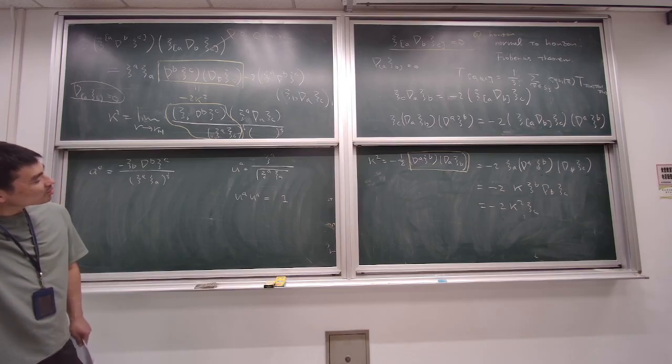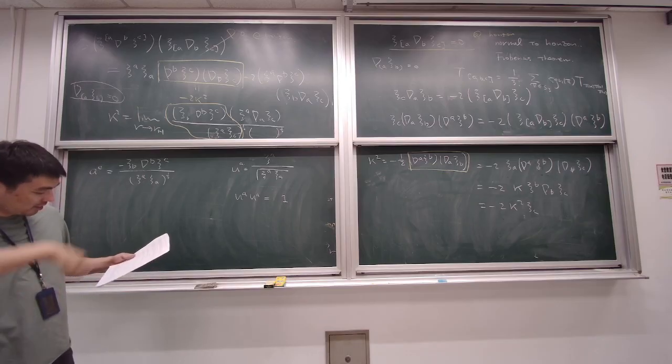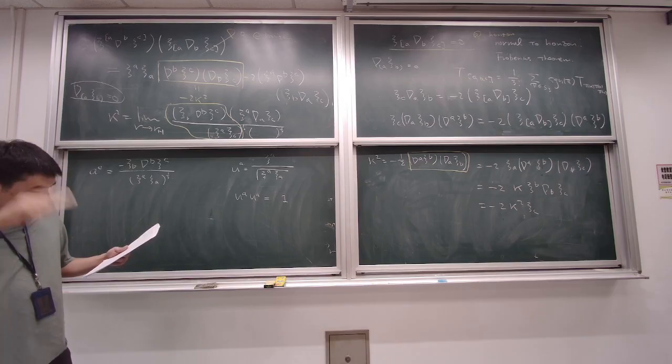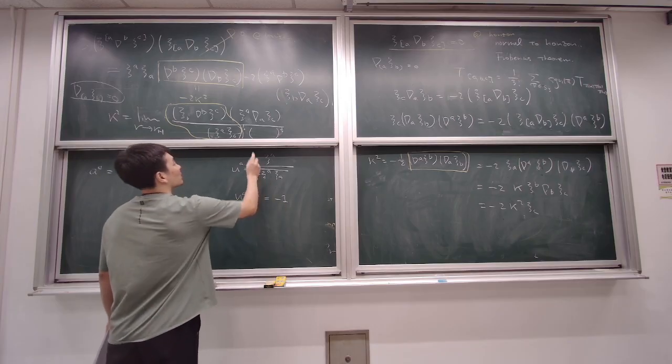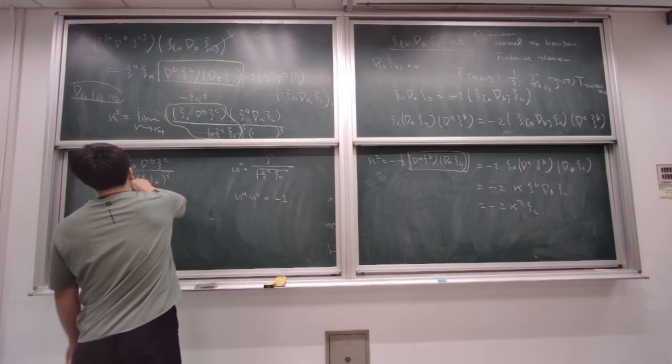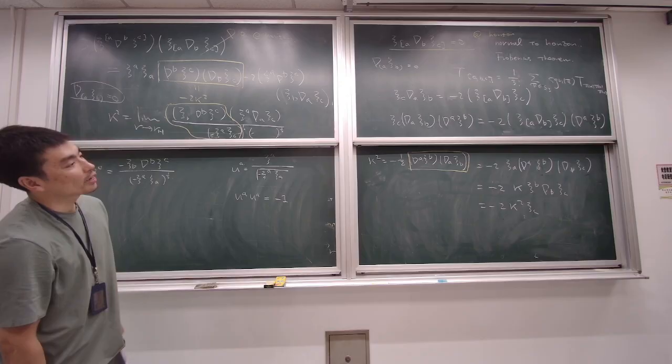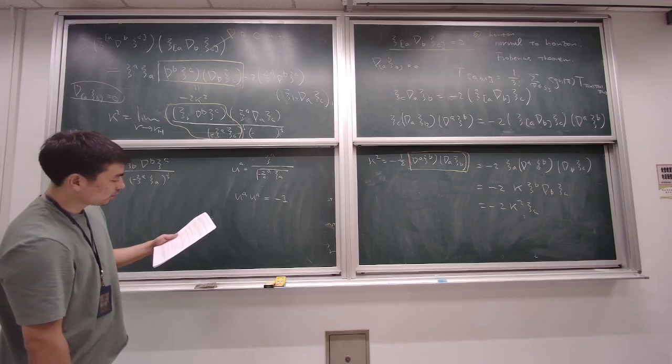I just want to have a minus sign, as it's just the appropriately normalized Killing vector. So I just want a minus sign here. I don't know where I made a mistake in this computation.